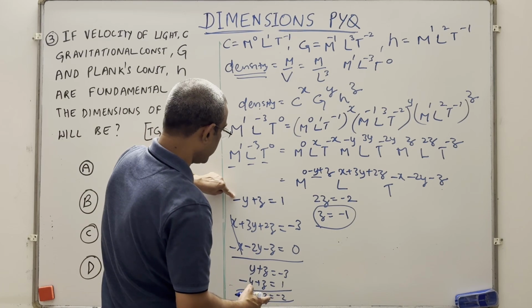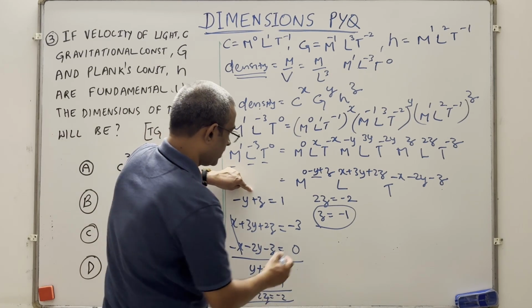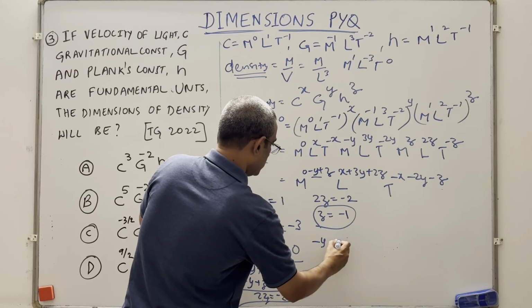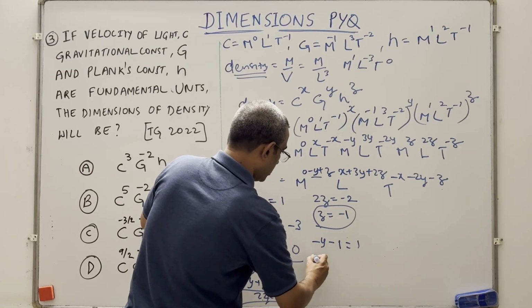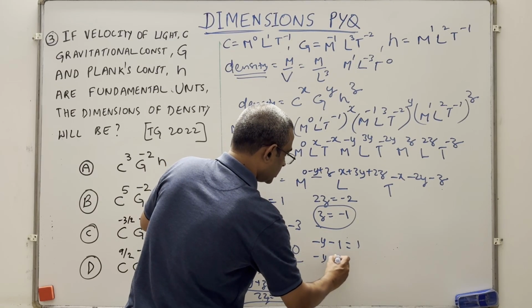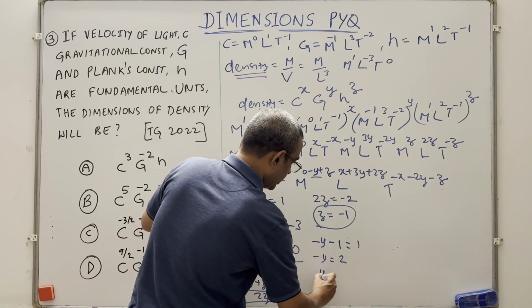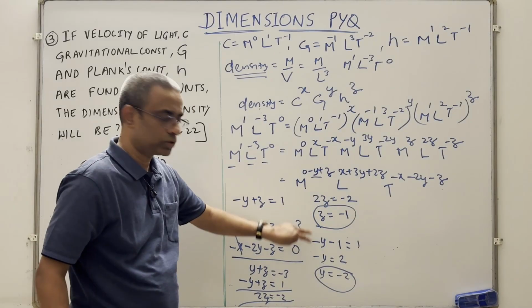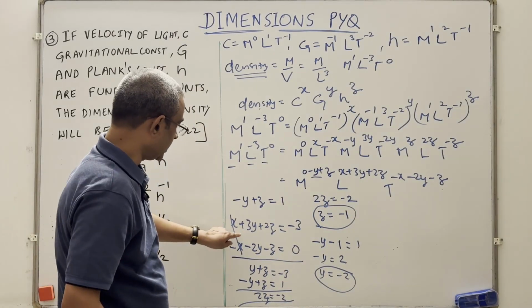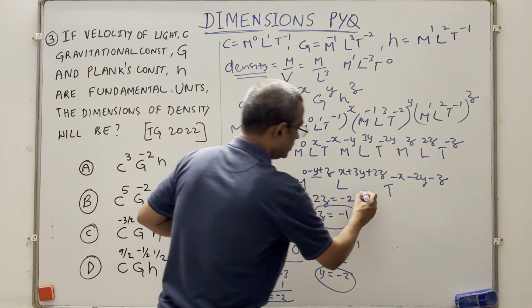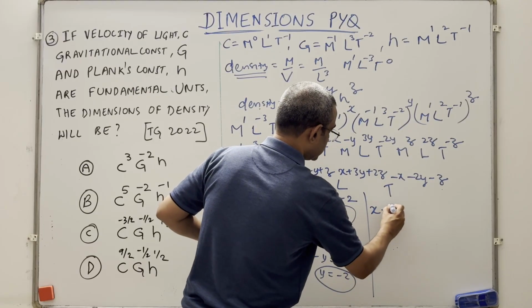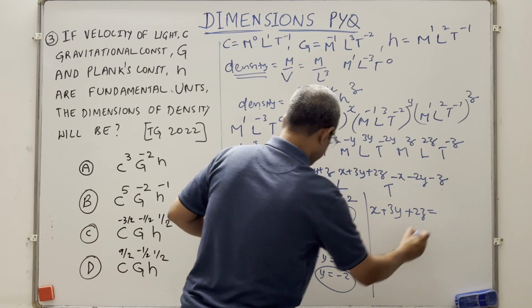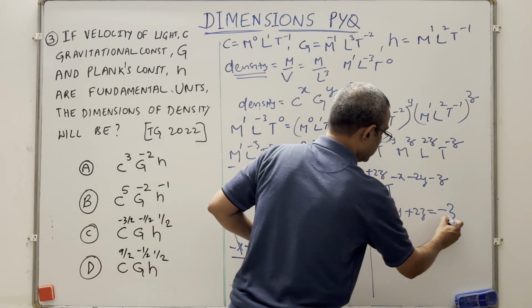So minus y minus 1 is equal to 1, or minus y is equal to 2, or y is equal to minus 2. So we got z is equal to minus 1, y is equal to minus 2, and let us put that in this equation. So we have x plus 3y plus 2z is equal to minus 3.